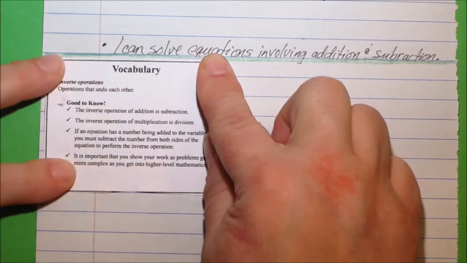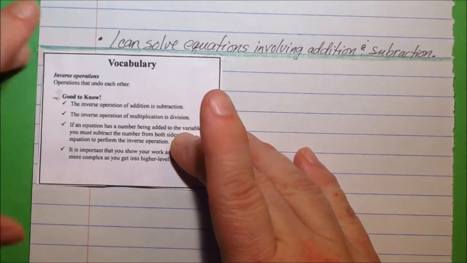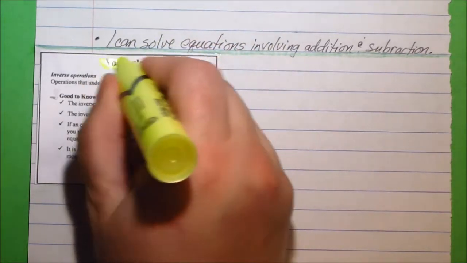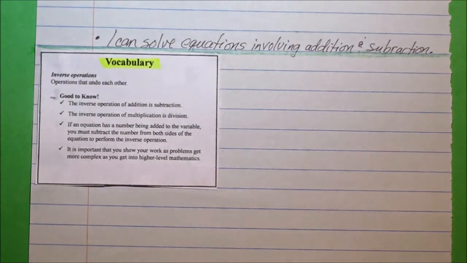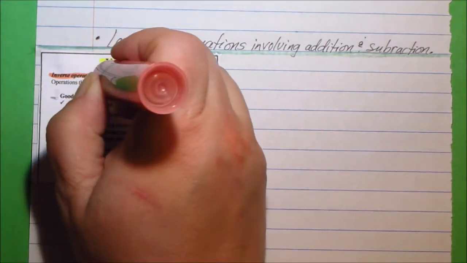Press. All right. Vocabulary for this lesson. All right, the first one is inverse operations.